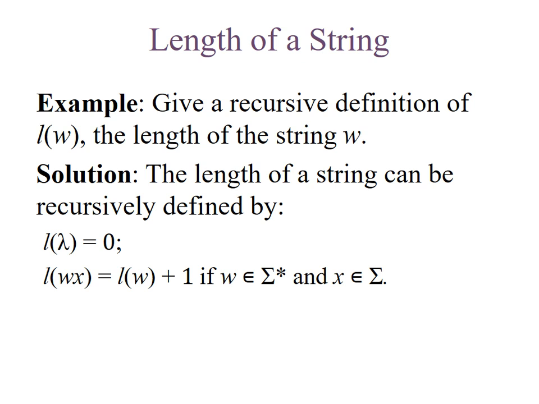So that means you can separate one alphabet from the string to make the string Wx. Then we can define the length equals L(W) plus 1, because we know the length of one alphabet x is 1, and we can separate the others using the recursive definition L(W).